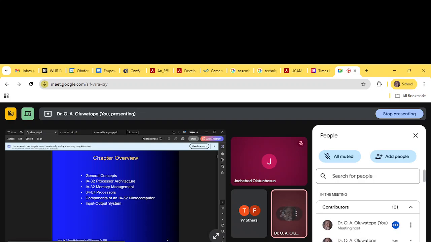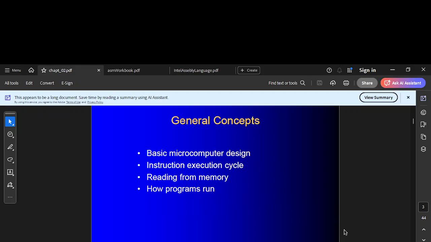All right. Okay, so the general concept of a processor, or simply a computer system, we're going to look at the basic microcomputer design.